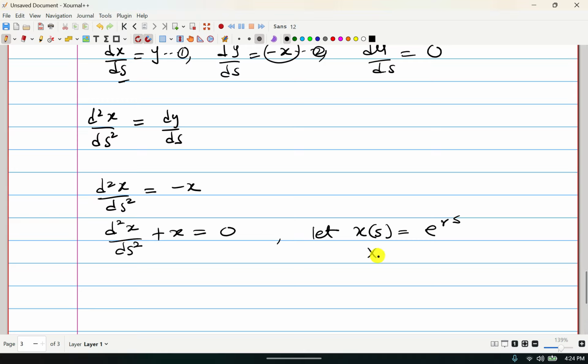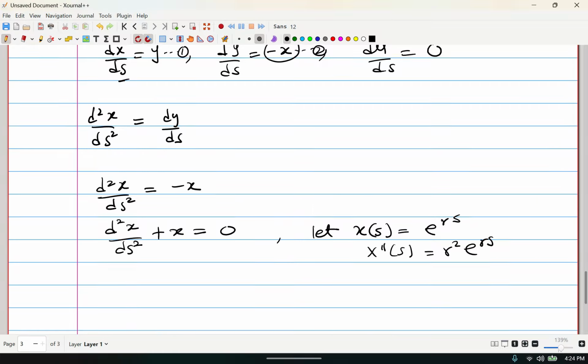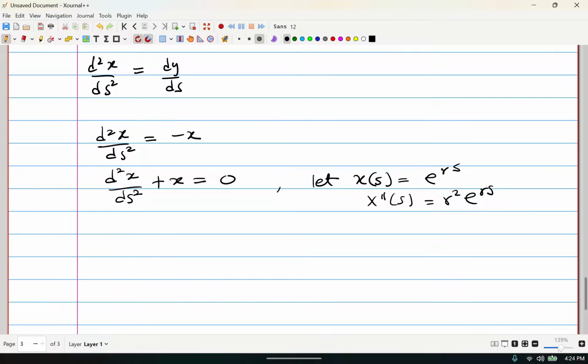Then you get x double prime, or the second derivative, to be equal to r squared e to the rs. I don't know if you remember something like this. You do this substitution into that, and you're going to have the second derivative r squared e to the rs plus the actual function, that is e to the rs, is equal to 0. You pull out e to the rs, and then you get this.